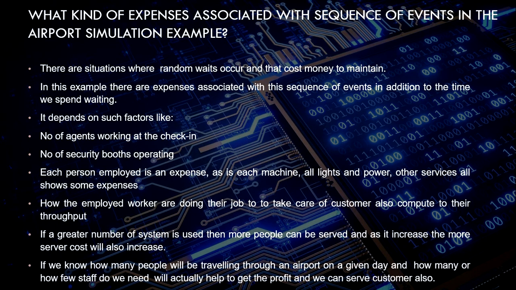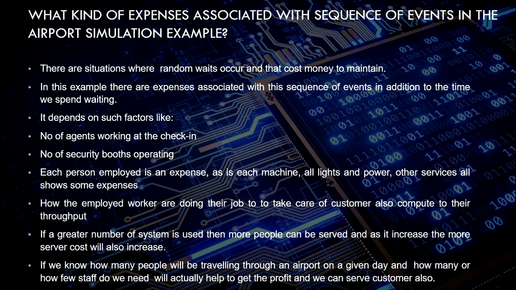The second question is what types of expenses are associated with the sequence of events in the airport. There are simulations where random waits occur, and that costs money to maintain. In this example there are expenses associated with the sequence of events in addition to the time we spend waiting. It depends on factors like the number of agents working at check-in and the number of security booths operating. Each person employed is an expense, as are the machines, lights, and power.